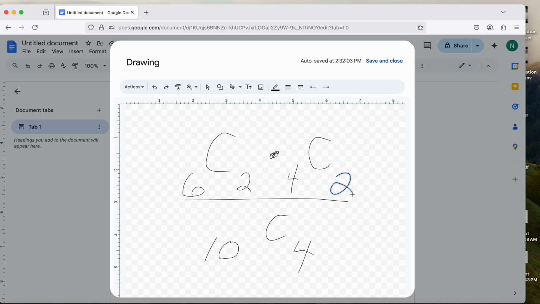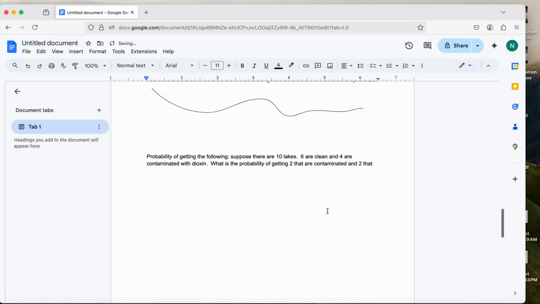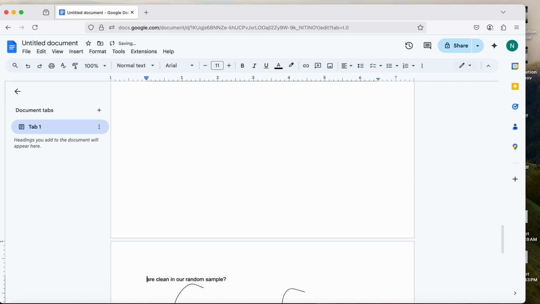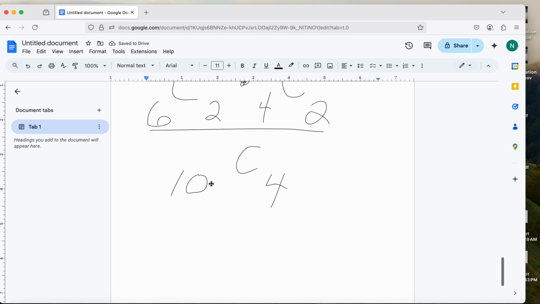Well, you can write that up and do all the factorial work. You can also type this into your handy dandy graphing calculator. Let me do this, to get 10 choose 4.